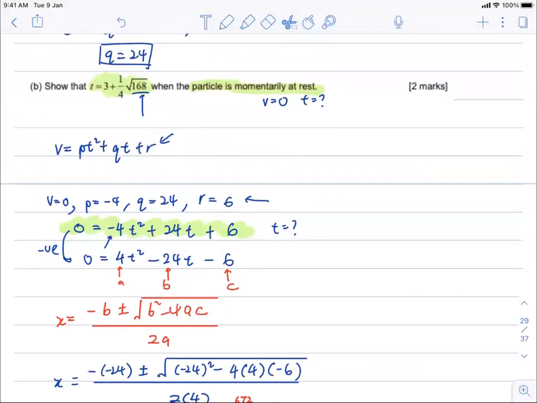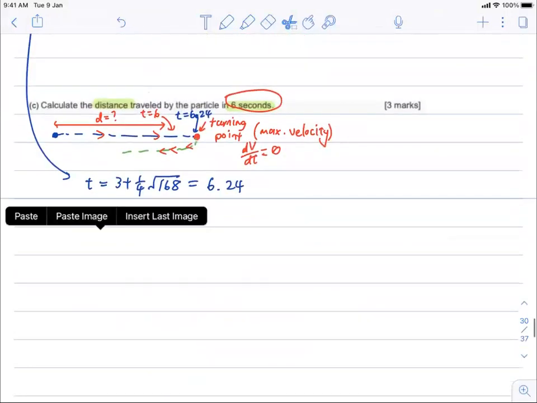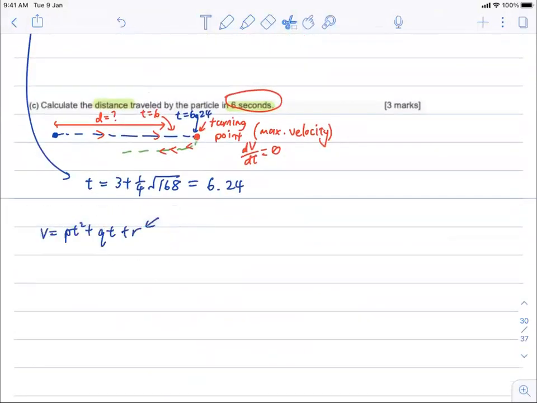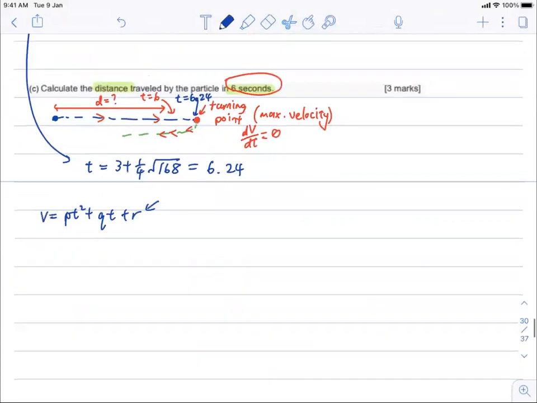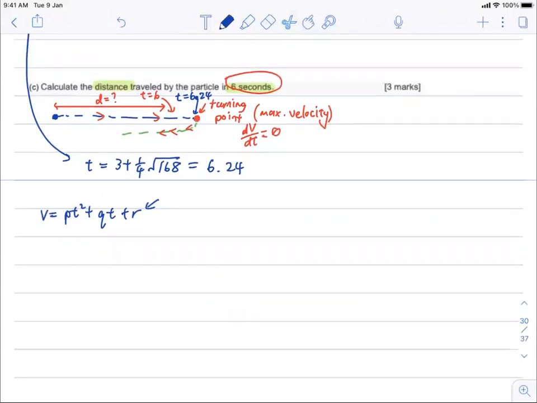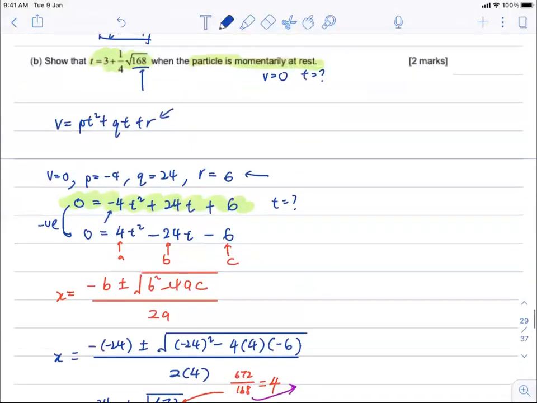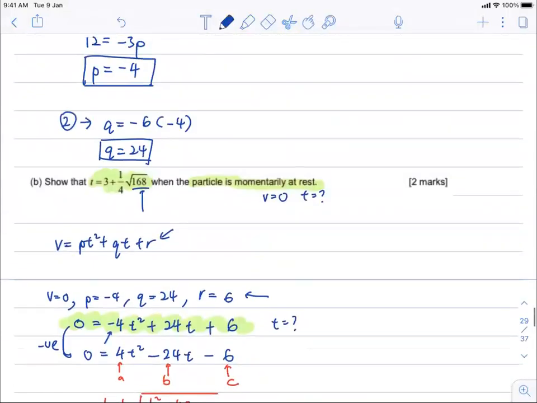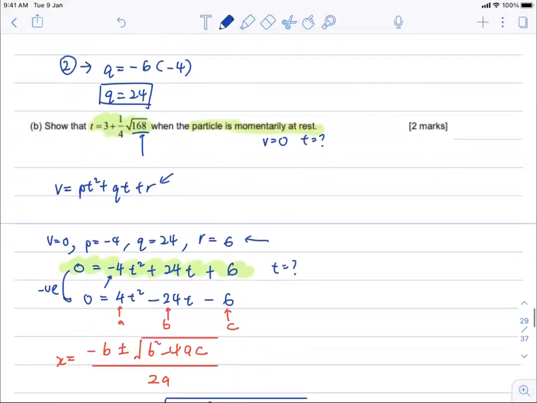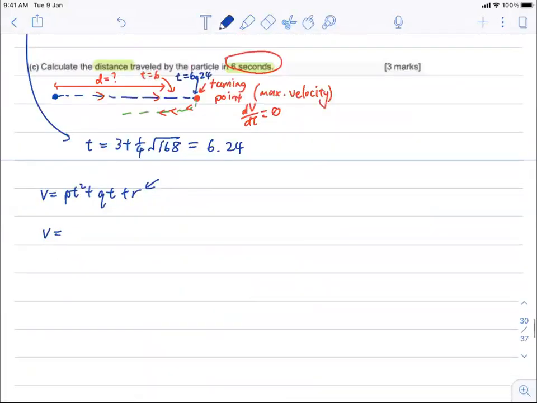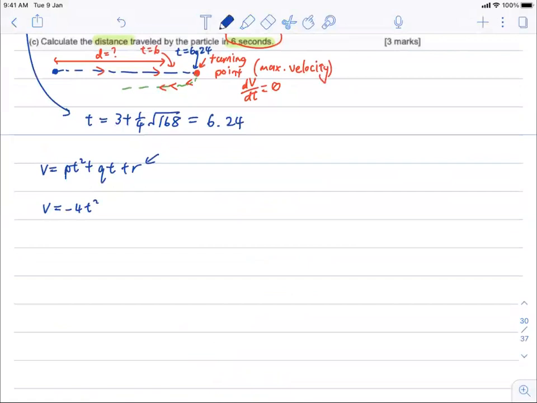We have this equation. Again, let me copy this over. I will do integration on this equation. Before that, let me fill in the P, Q, and R. P is -4, Q is 24, R is 6.